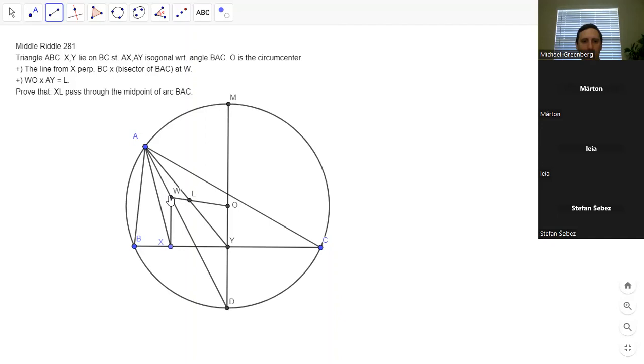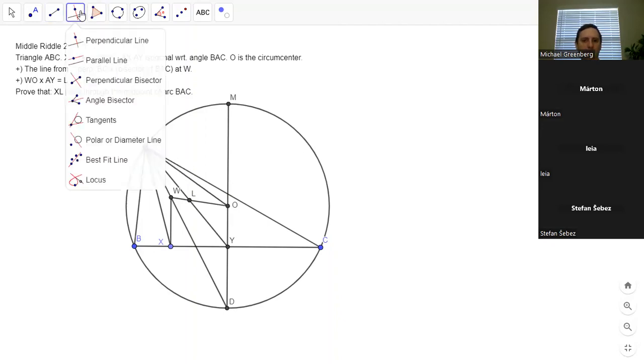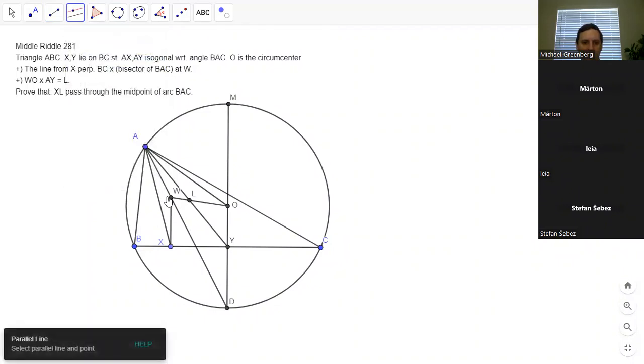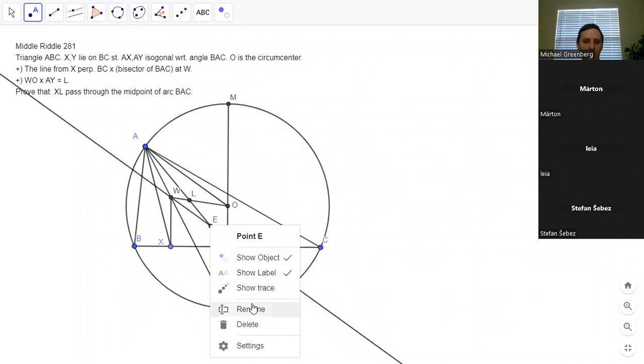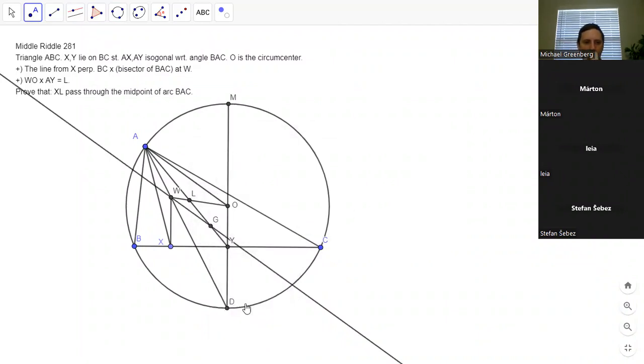So from W, let the parallel to AO cut AY at G. Okay. So this is point G, and you're saying WXG is isosceles. That's interesting. Do a homothety with WXG and OAM. Okay, so you're saying OAM and WXG are homothetic.